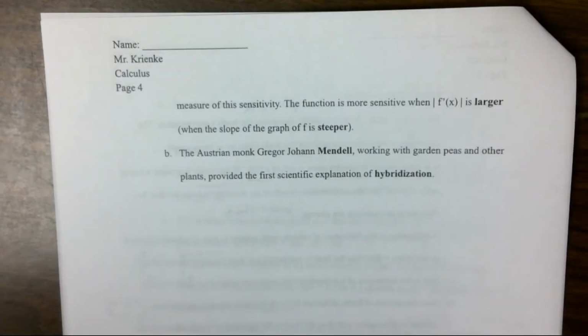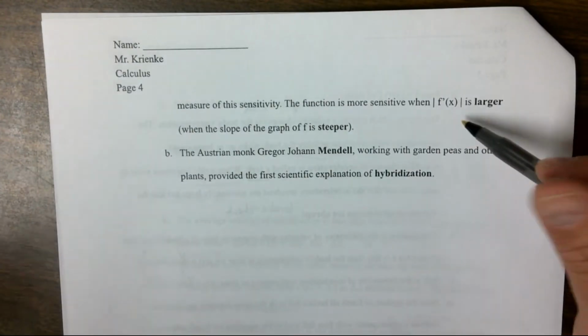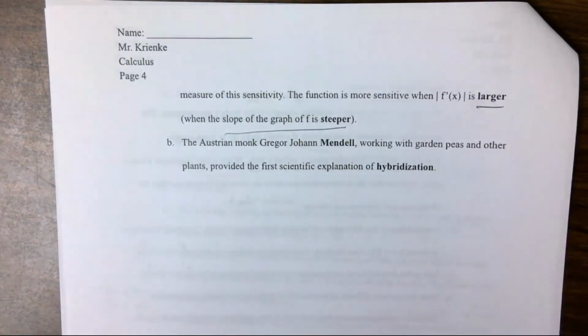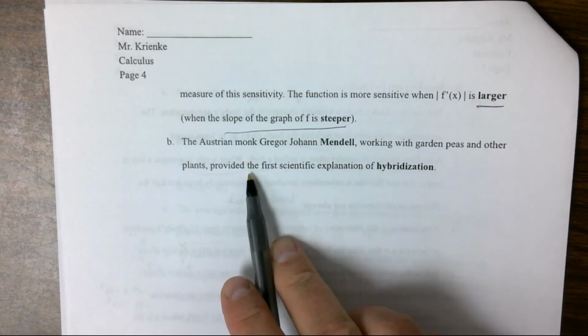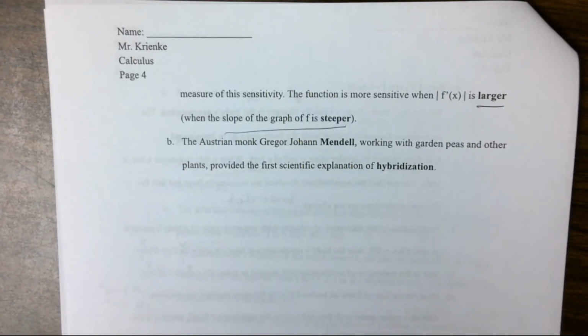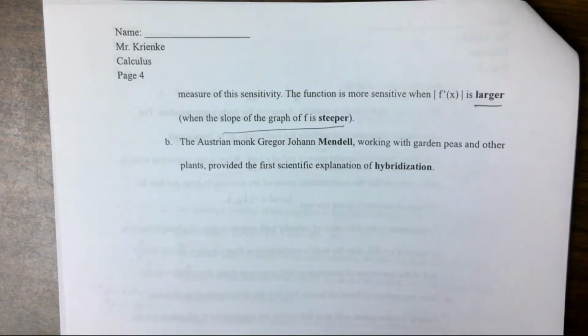It's more sensitive when f prime's absolute value is larger, which means when the slope is steeper. And an Austrian monk, Gregor Johann Mendel, working with garden peas and other plants, provided the first scientific explanation of hybridization. Okay, so now let's actually jump to the problems.